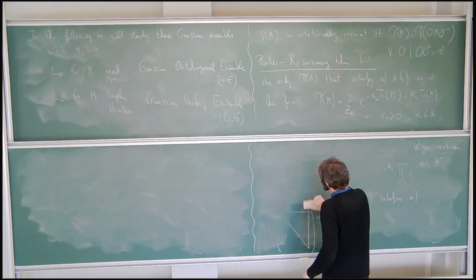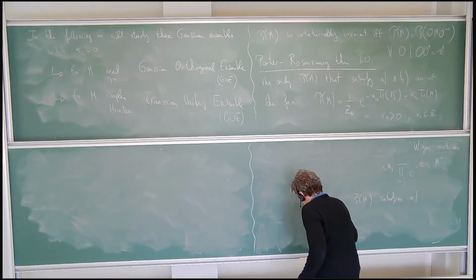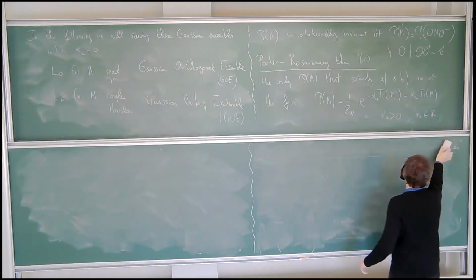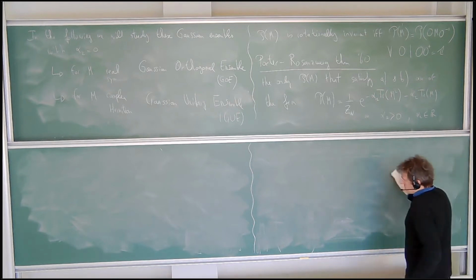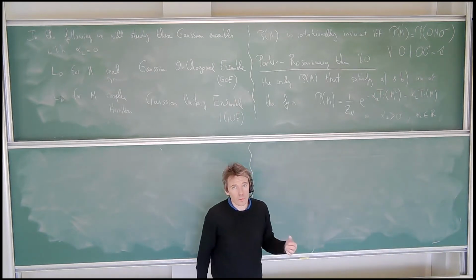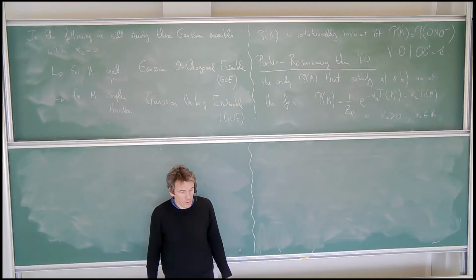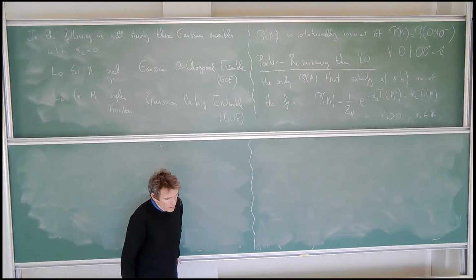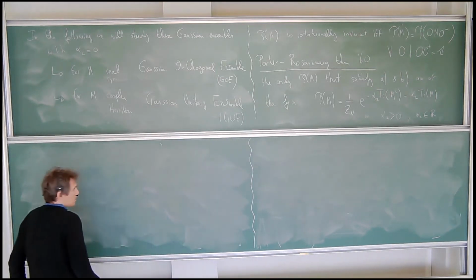There are various ways of doing that. I will present one method here. I will not do the full computation because it's a little bit tedious, but I will just give the main ideas. And in fact, next week in the tutorial, we will find another very nice way to get this distribution using what is called Dyson's Brownian motion, that we will see next time.